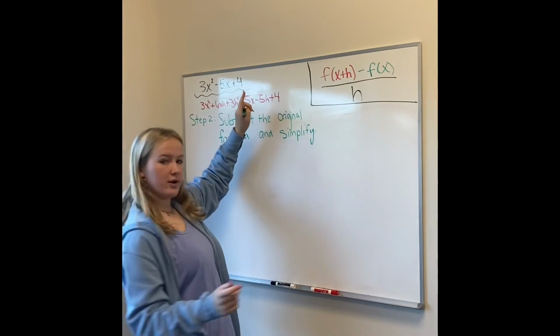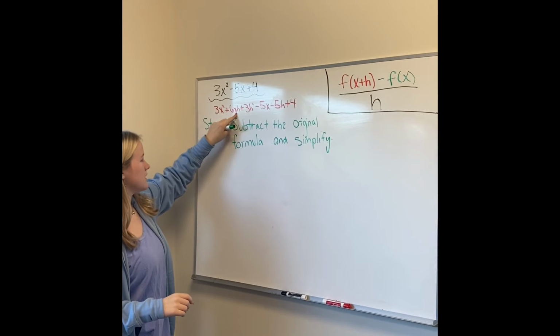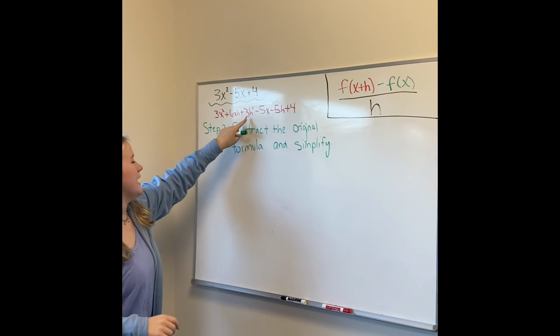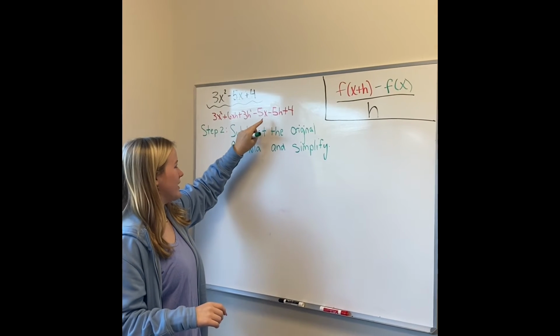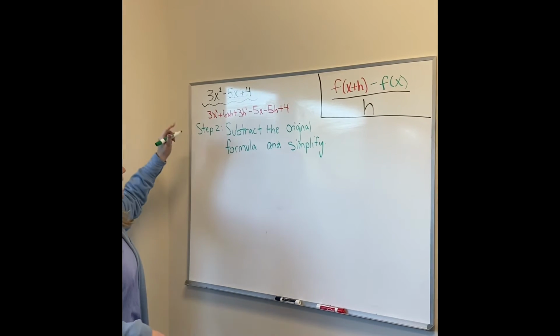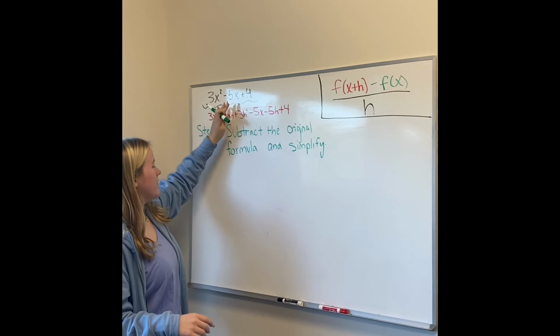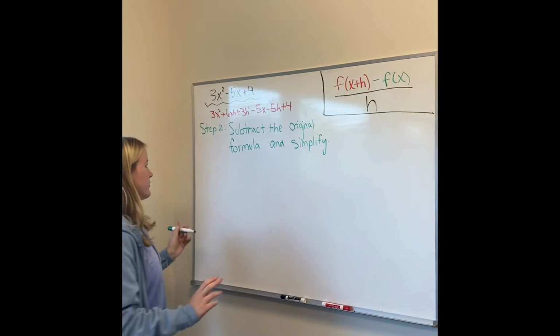All right, so in step 2, we will be subtracting f of x from our simplified answer that we got in step 1, which is written here, which is 3x squared plus 6xh plus 3h squared minus 5x minus 5h plus 4. And we're going to be subtracting that by our original function, which was 3x squared minus 5x plus 4. So let's write that first part out.